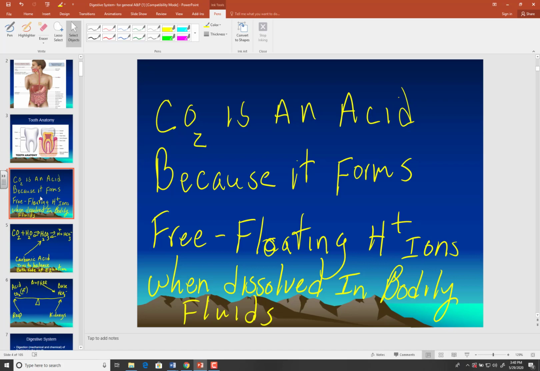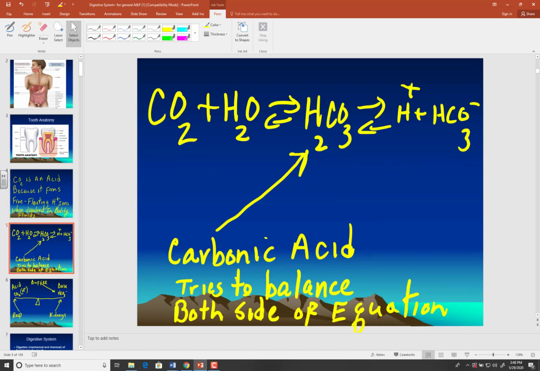So look, in that video I told you that any substance that gets dissolved in bodily fluids and produces free-floating hydrogen ions is an acid. So when CO2 gets dissolved in bodily fluids, which are mostly water, it forms this stuff, carbonic acid.